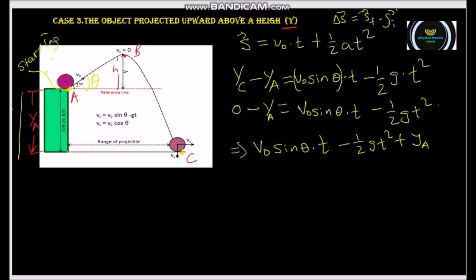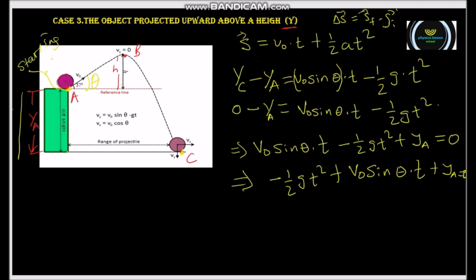Now, writing minus 1 over 2 g t square first, we have minus 1 over 2 g t square plus v naught sine theta times t plus ya is equal to 0. Don't forget, it is equal to 0.